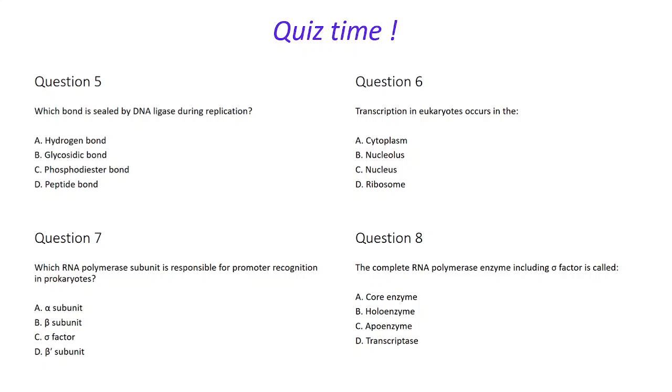A very direct question. Transcription in eukaryotes occurs in the cytoplasm, nucleus, or ribosome.